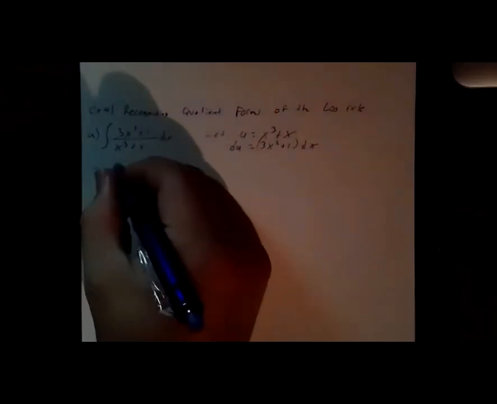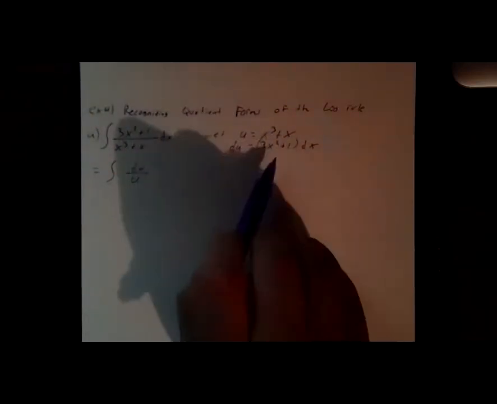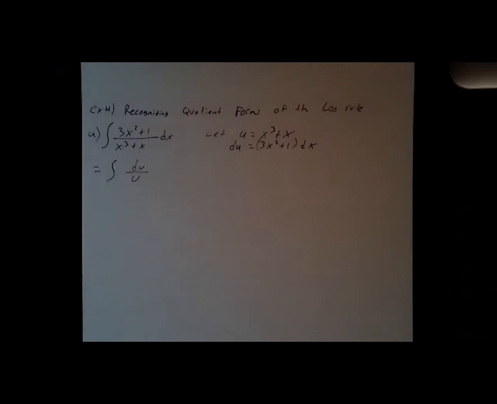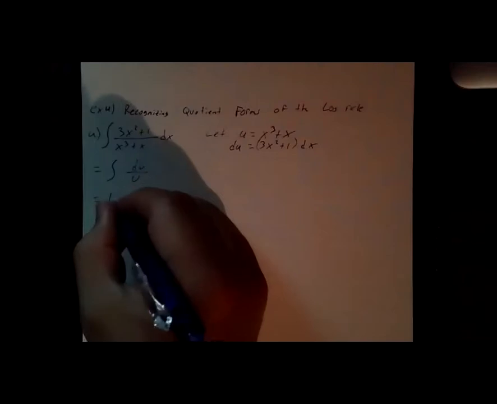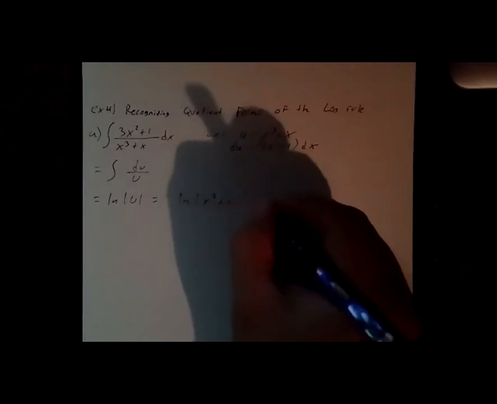And that's right there, right? Cool. So then this becomes an easy question of du over u because it's an exact sub. So then integrate du over u, which will be ln of u, which is really ln of x cubed plus x plus c.